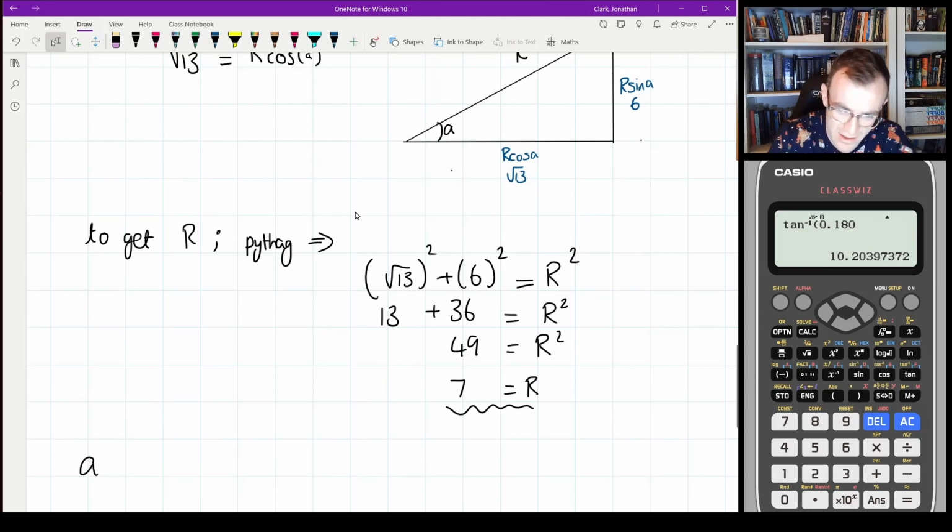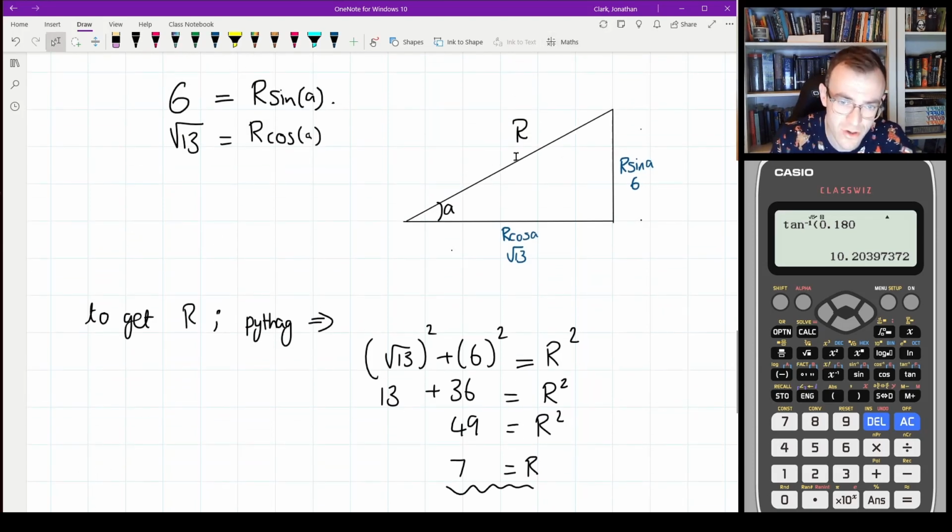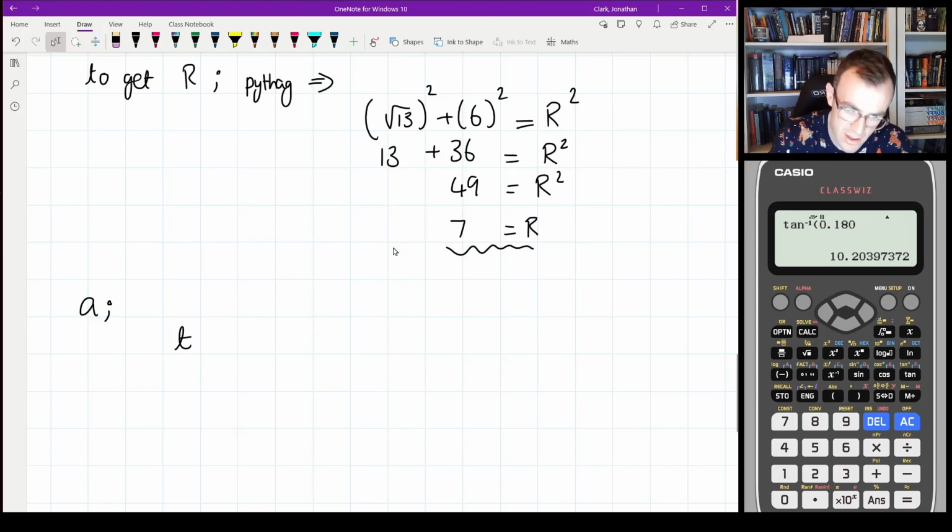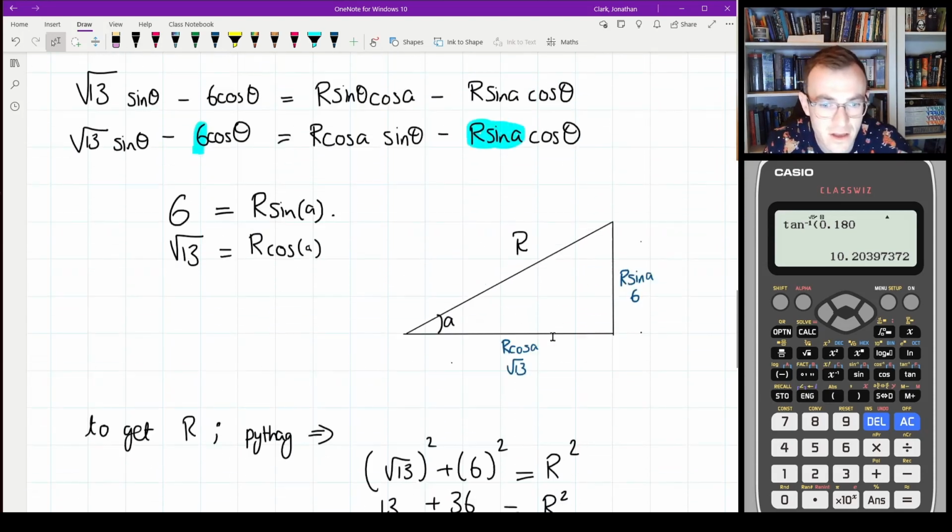In terms of the angle, we're going to use trig. Specifically, we're going to use inverse tan. We know the opposite and we know the adjacent, so it's going to be inverse tan of 6 over root 13.